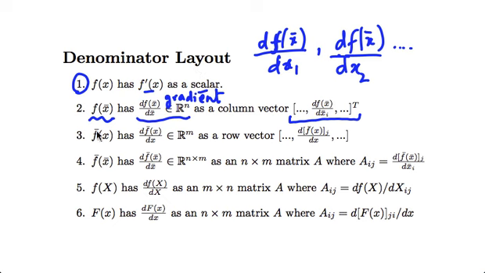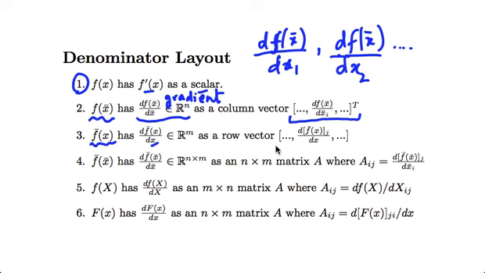Now the analogous setting is where f bar takes in a single scalar and it outputs an entire vector. That was f bar of x. And here again, when we write df bar of x, we're asking, since the output of f bar is a vector, how much does the first element of the vector change when I change the scalar x? How much does the jth element of that vector change when I change the scalar x?